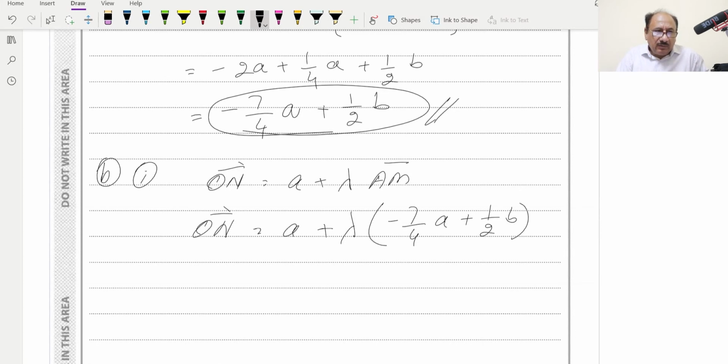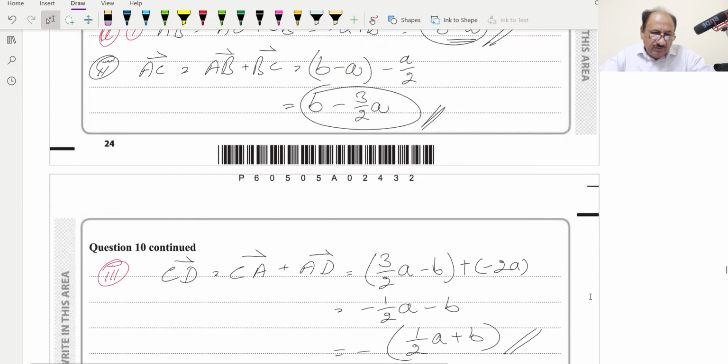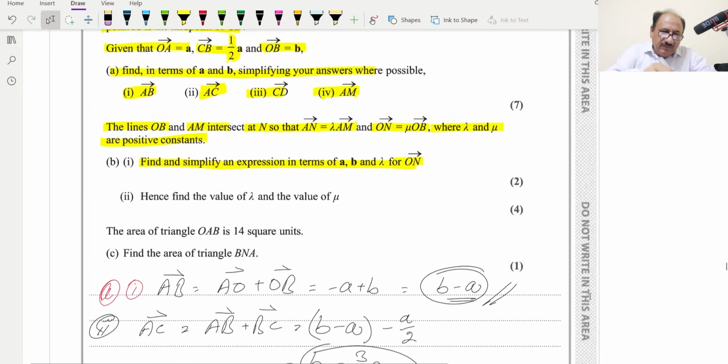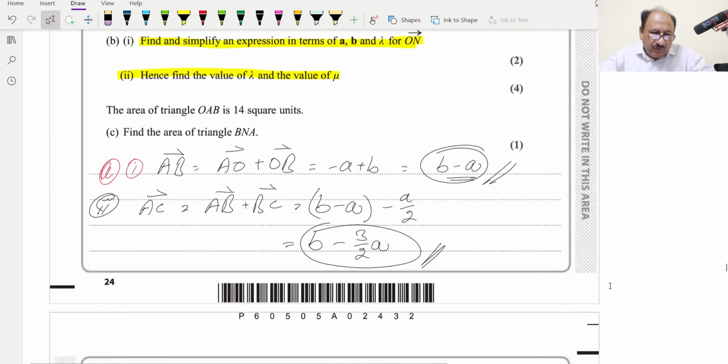We can basically rewrite it, taking a common, and inside will be 1 minus 7 by 4 lambda, plus lambda by 2b. And now this is basically on which we have written, and the second part is: hence find the value of lambda and the value of mu, which is a 4-mark question.